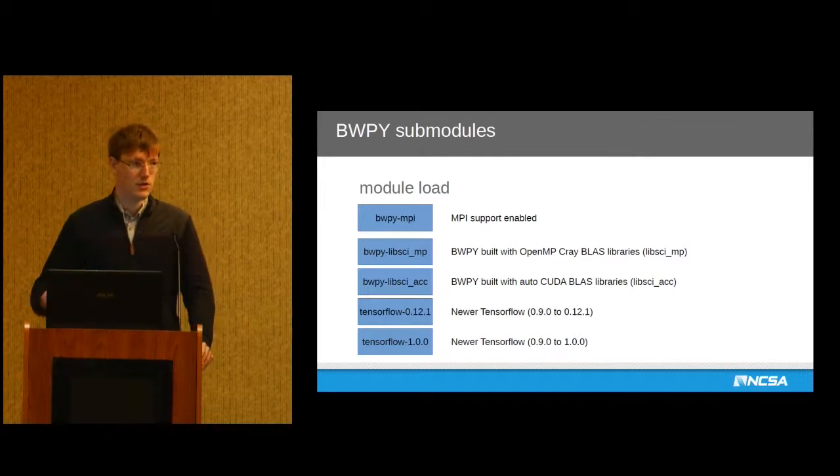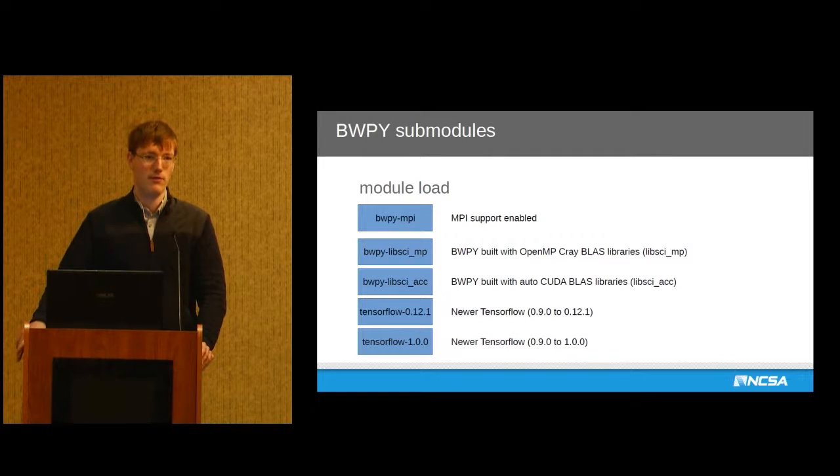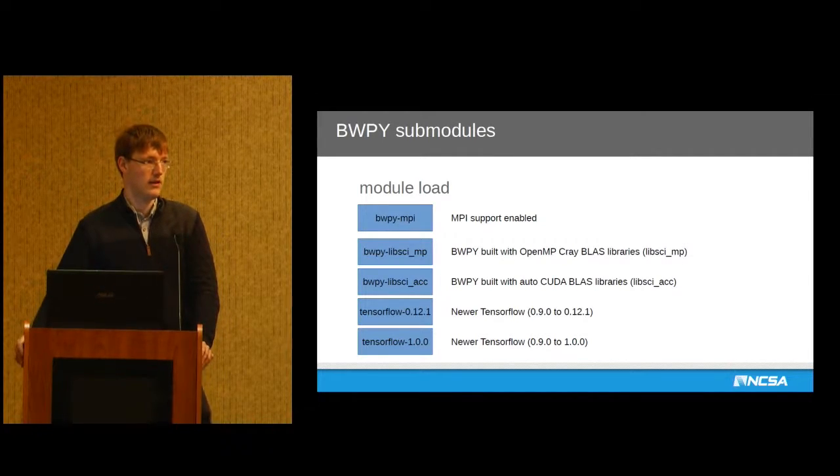Then there's two new modules, which I don't know if anyone's using yet, but I haven't made any announcements really. Actually, I think there might have been an email about this. But since so many people use NumPy and these libraries that use BLAS, I made two different BLAS versions, one using the OpenMP libsci and one with the accelerated OpenACC libsci BLAS.